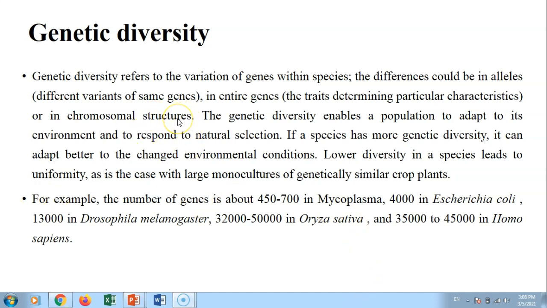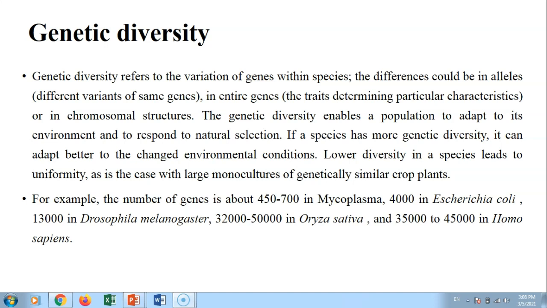Definitely there should be differentiation, or variation at the genetic level. That's why a species is considered a different species, rather than all being the same plants.